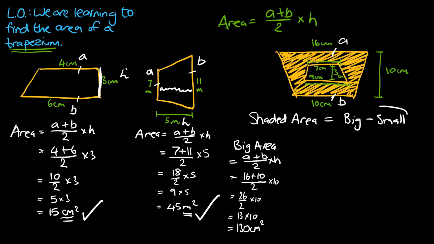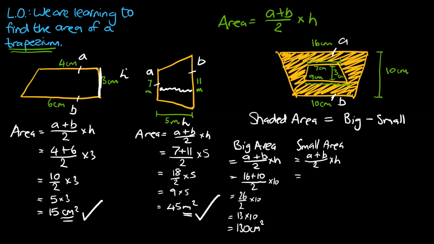Now the next part of the formula, minus small: we're going to find the area of the small trapezium and take it away, just like the diagram has done. So let's go to the small area. Same thing, I always write down my formula first. A plus B divided by 2 times height.